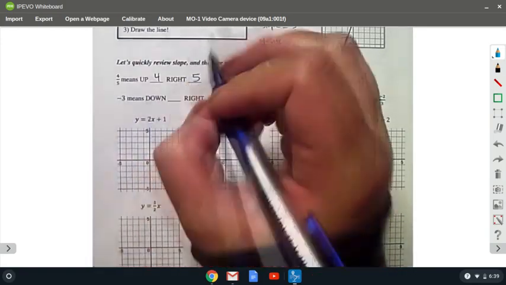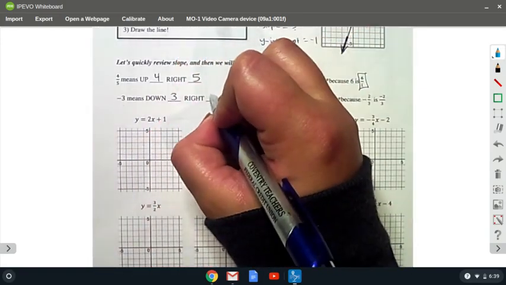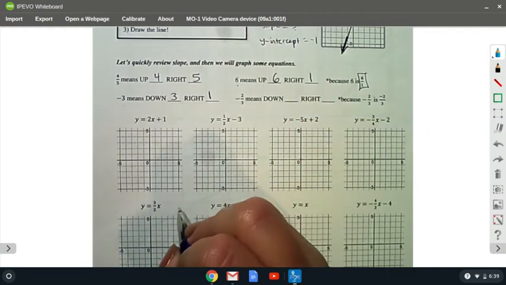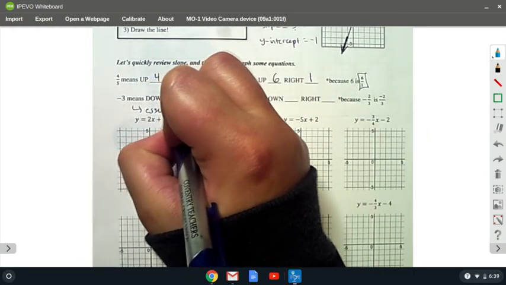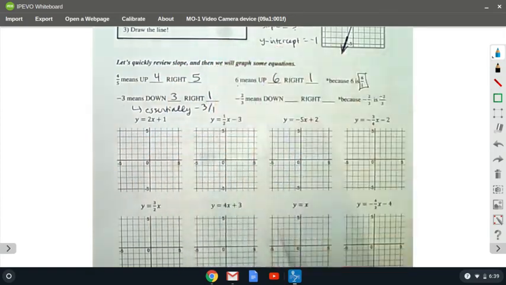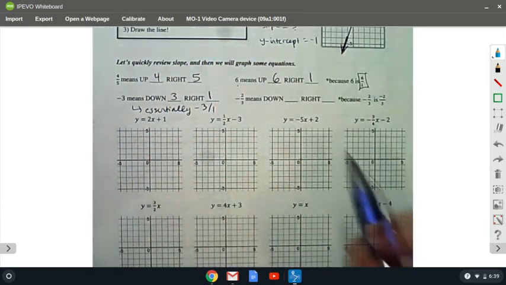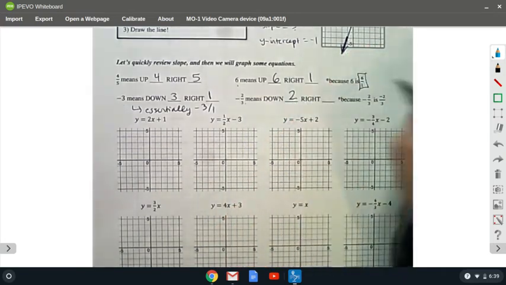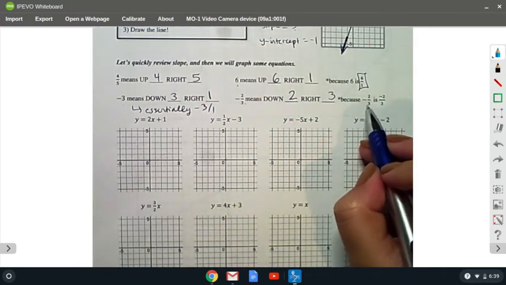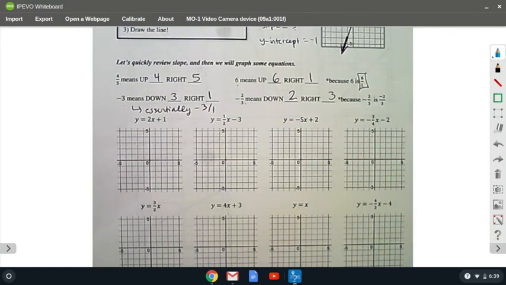If you have a -3, you're going down 3, right 1, because it's essentially -3 over 1. -2 over 3 means you're going down 2, right 3. It's essentially -2 divided by a +3.